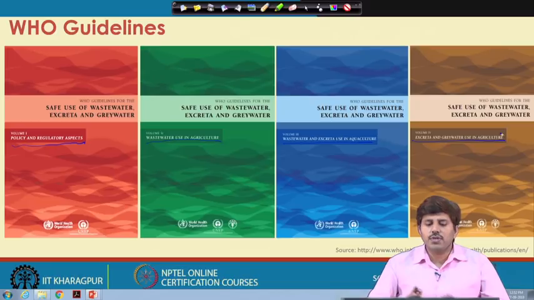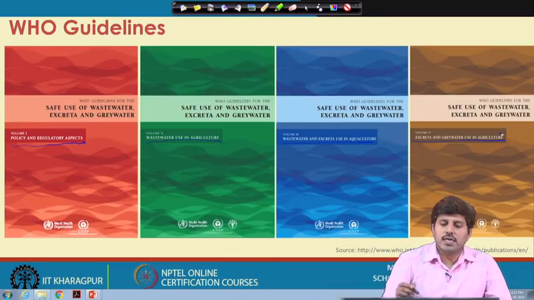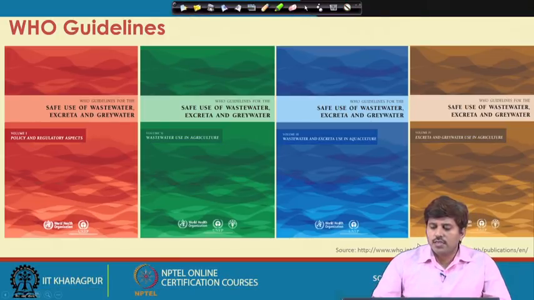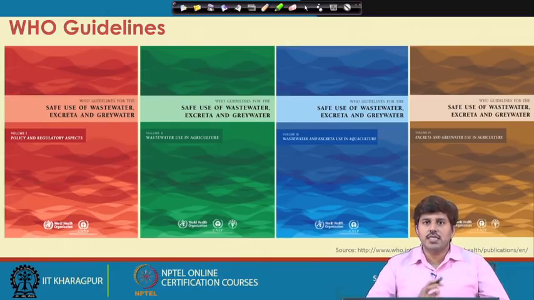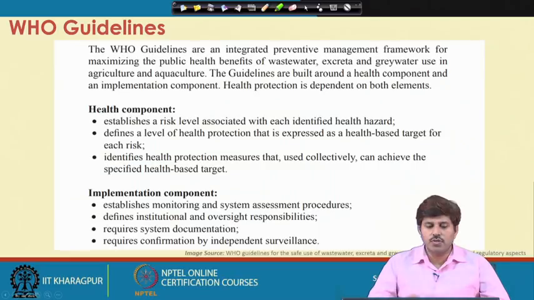Almost each of these runs over 200 pages, and they explain and summarize in detail the various potentials, risks associated, and reuse aspects, in all these 4 different volumes from the WHO.